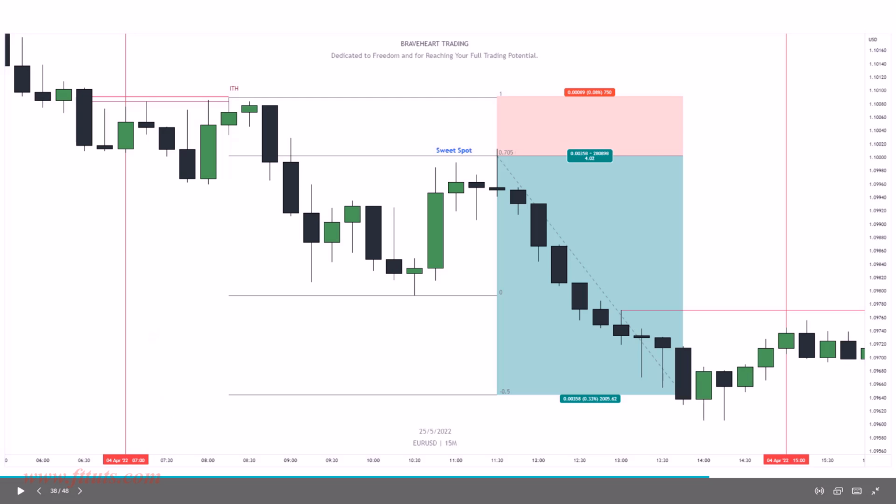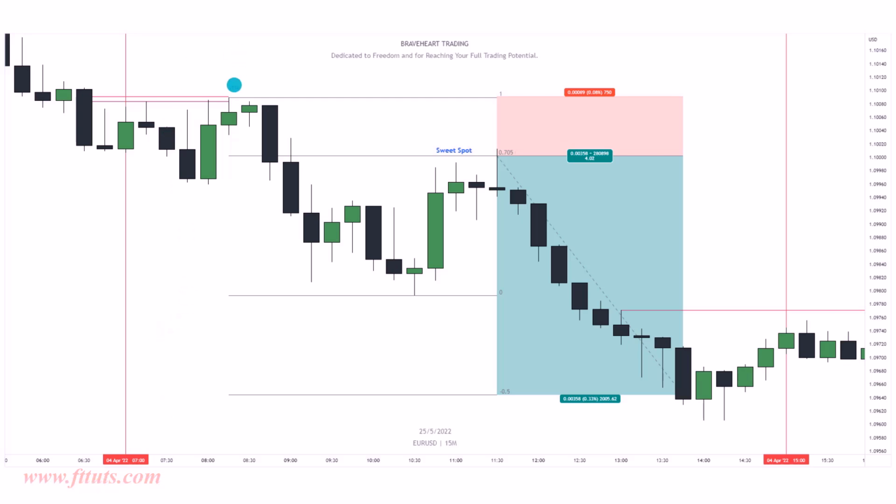Since we have based our framework on this swing point here, it will act as an invalidation area for us. We don't want to see price break this intermediate term high, because we're framing our trade on it.